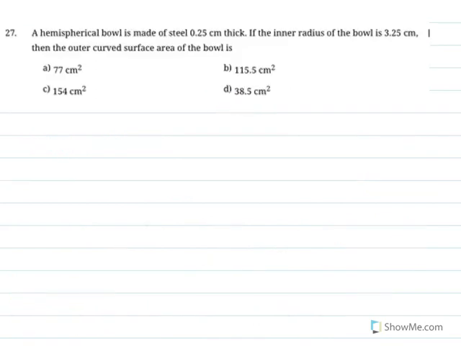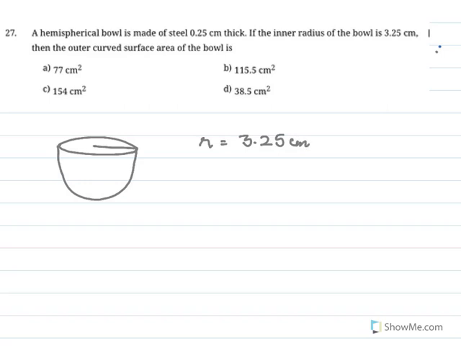A hemispherical bowl is made of steel 0.25 centimeter thick. If the inner radius of the bowl is 3.25, then the outer curved surface area of the bowl is. So here is the bowl, and the inner radius of the bowl is 3.25 centimeter.